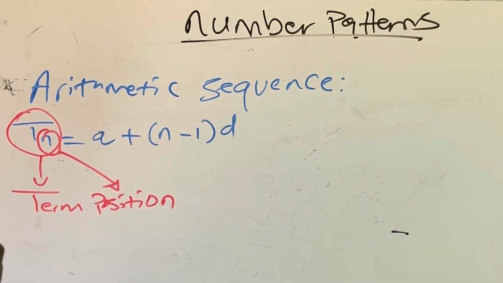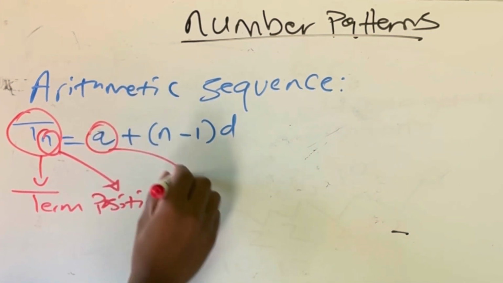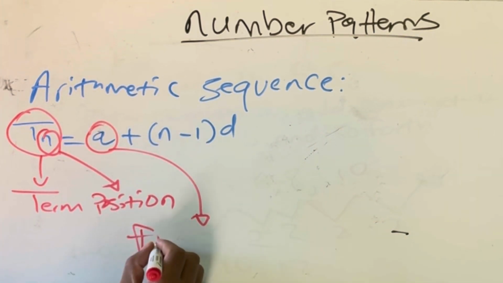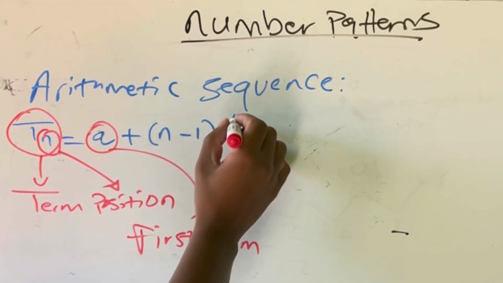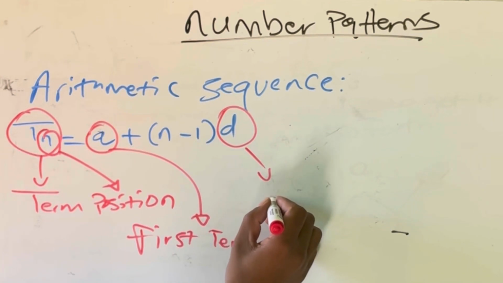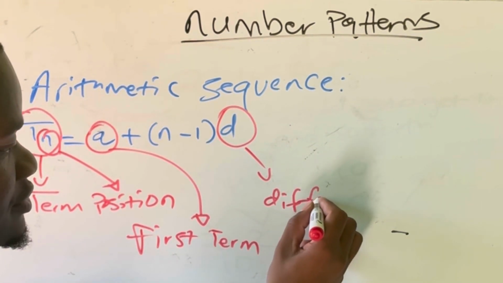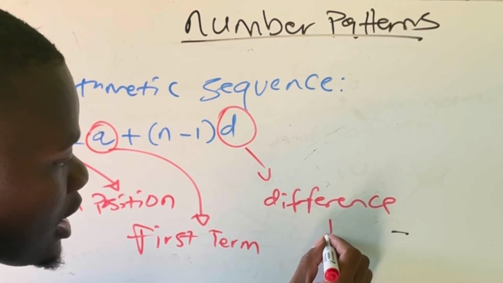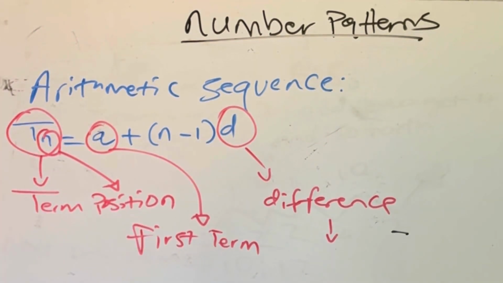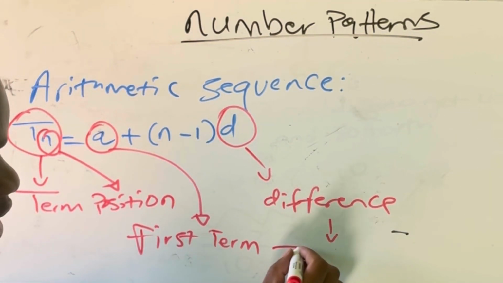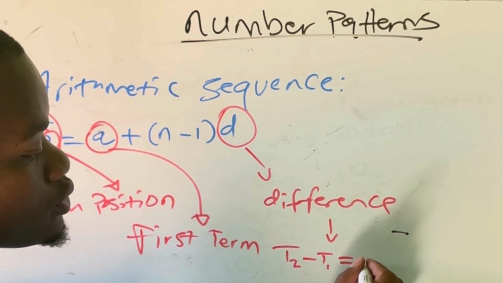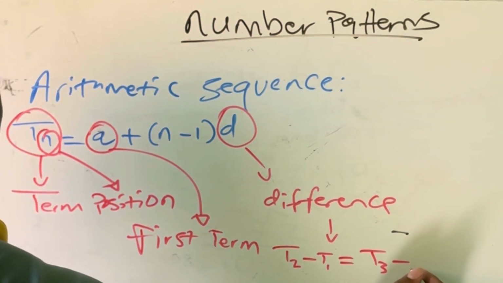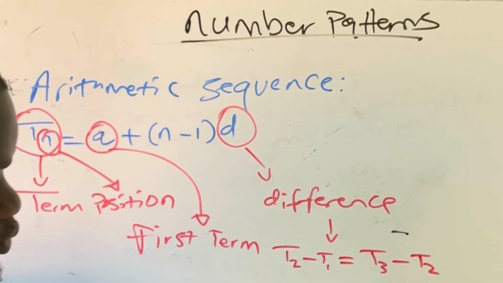A is the first term, and d is the difference. How do you get the difference? You get the difference by saying term number 2 minus term number 1. It should be equal to term number 3 minus term number 2. Okay, then this is the arithmetic.